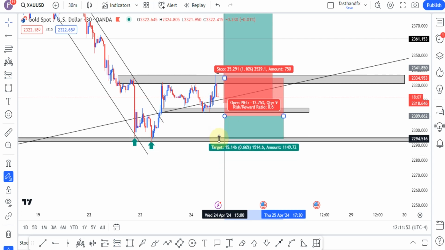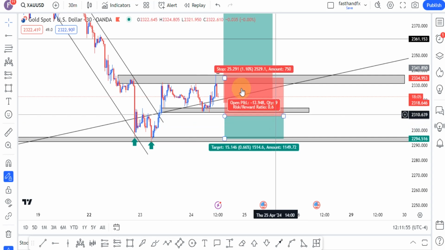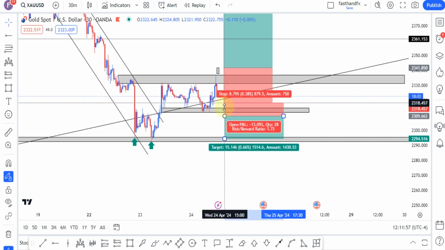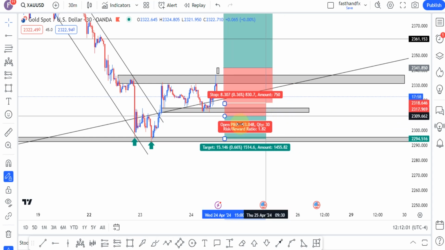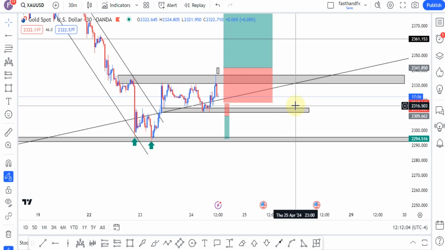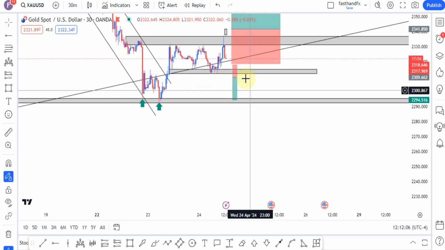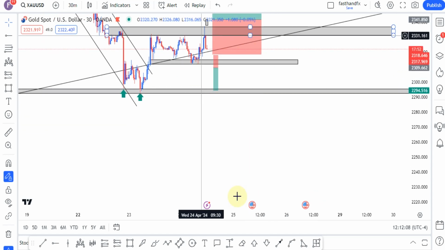That's around 150 pips, and your stop loss just right above that area maybe. Then you see how the market reacts around this area.